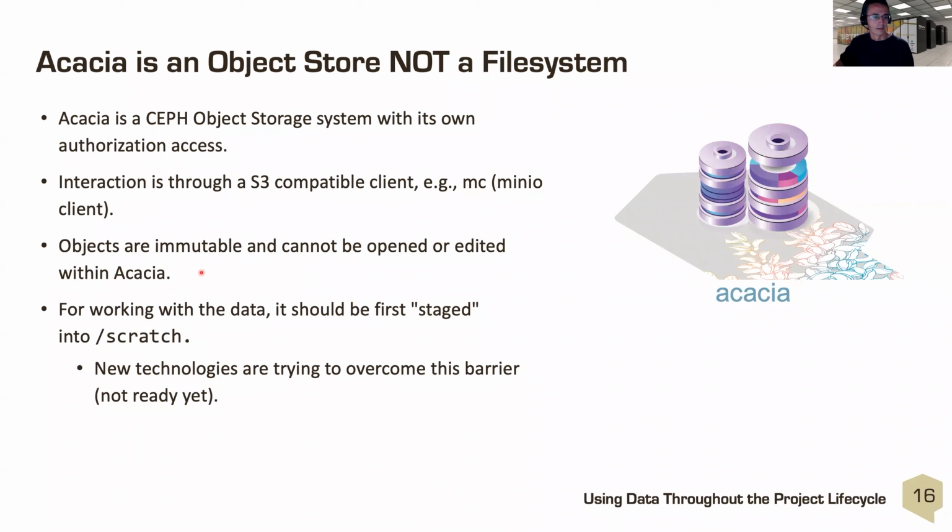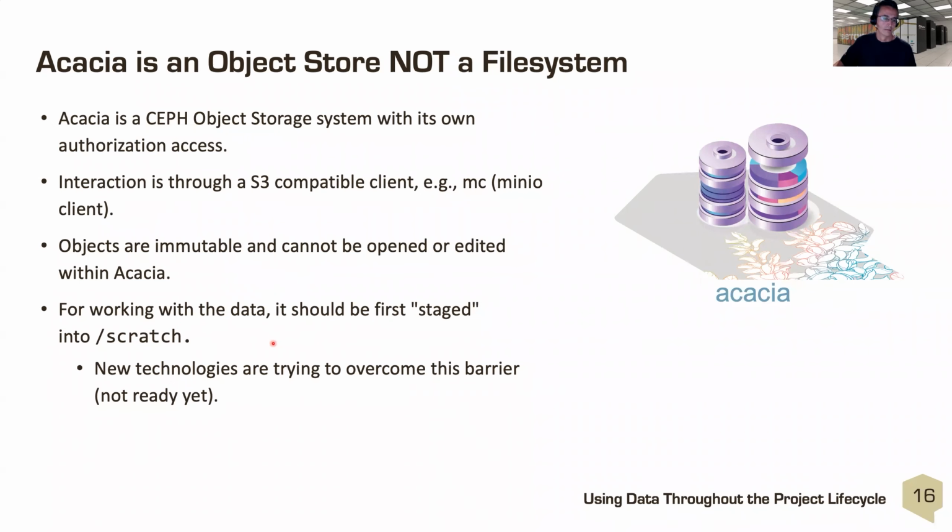I already mentioned a little bit about this, but once data is stored in Acacia, the design is that it is to be immutable. So you are not going to be changing your data or working with your data directly in Acacia. So for working with your data, you should first stage it into the Scratch file system of the supercomputer and then work from there.